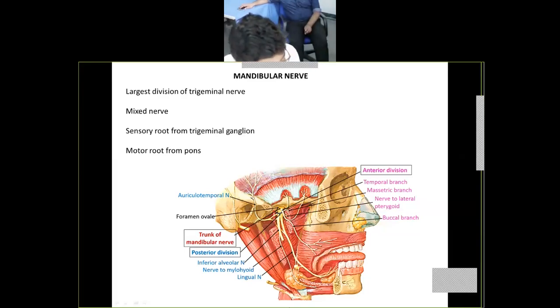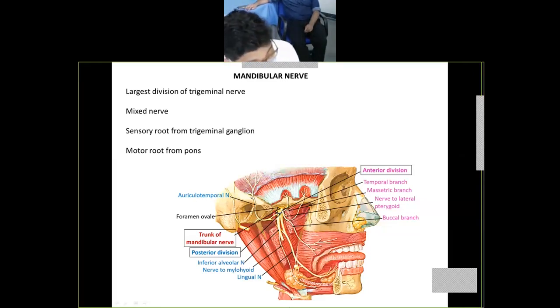Otic is functionally related to the glossopharyngeal nerve. Submandibular is functionally related to the facial nerve. Pterygopalatine again related to the facial nerve.